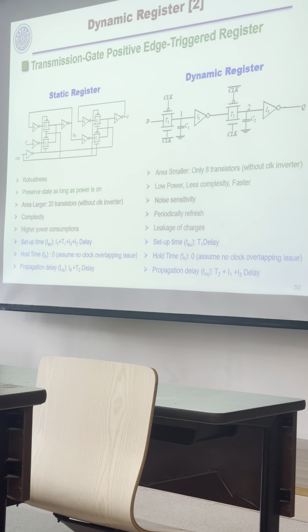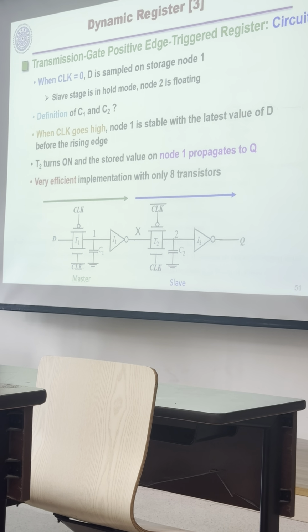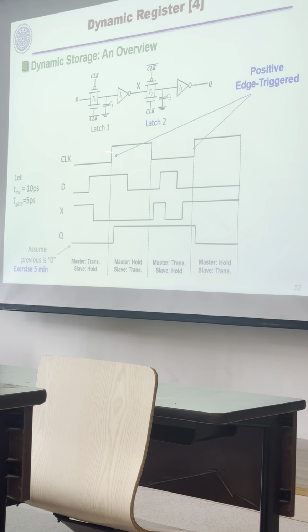So I think these two are the most important registers. Make sure you fully understand the details about these two registers. Maybe I will ask you for calculations about the setup time, hold time, and hold delay, and how to write down this diagram, and then provide the operation mode.